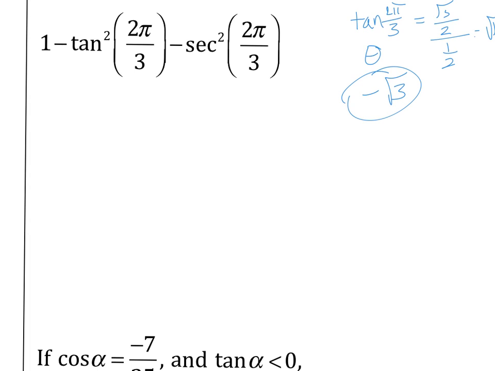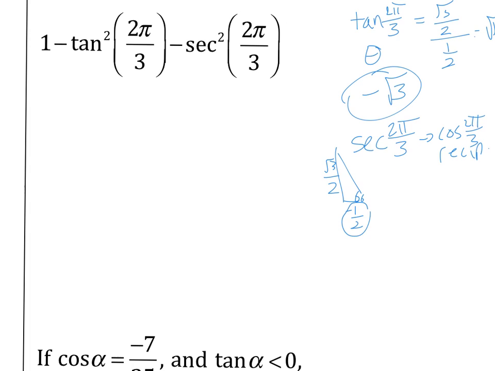All right, now I'm going to look at secant of 2 pi over 3. First, I'm going to find cosine of 2 pi over 3, and then I'm going to find the reciprocal. All right, 2 pi over 3 is here, so we're looking at 60, negative a half, root 3 over 2.